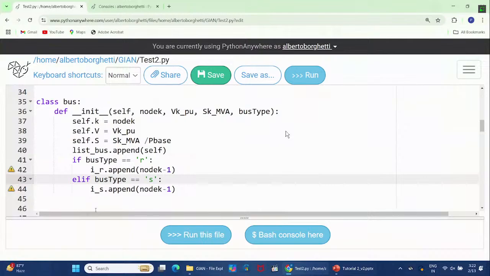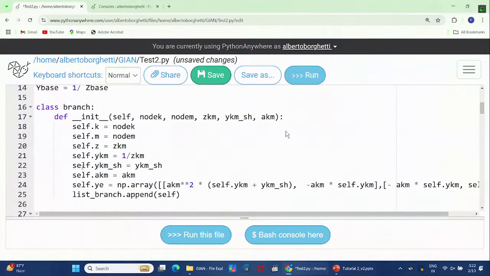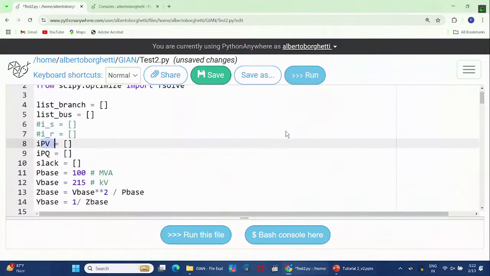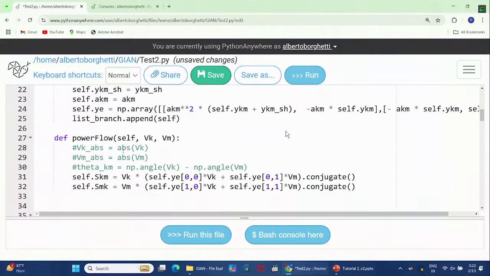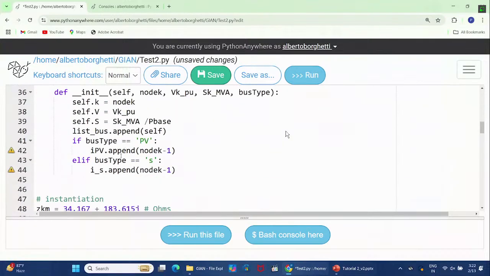So we can say PV here, and then here append in the IPV, it is the list here, that is empty at the beginning, but we append the nodes.